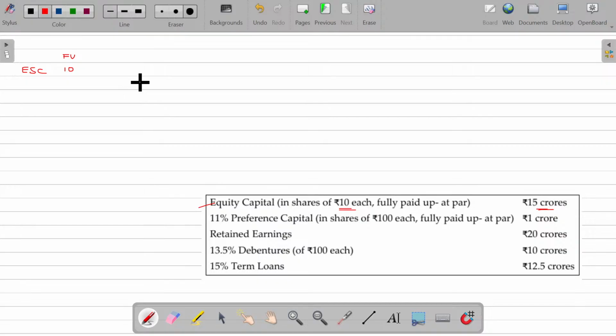I may convert that into lakhs, 1,500 lakhs. What is the number of shares? 150 lakhs. Book value being 1,500 lakhs. Am I right? In lakhs.